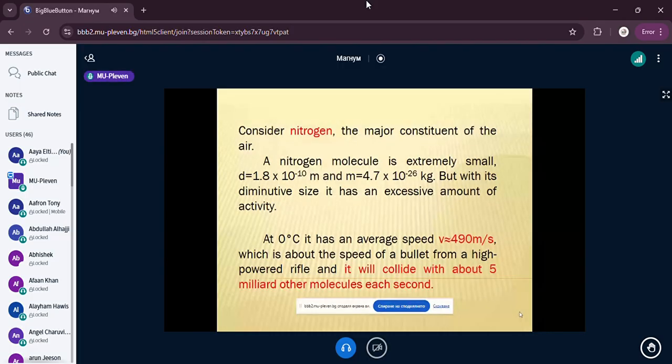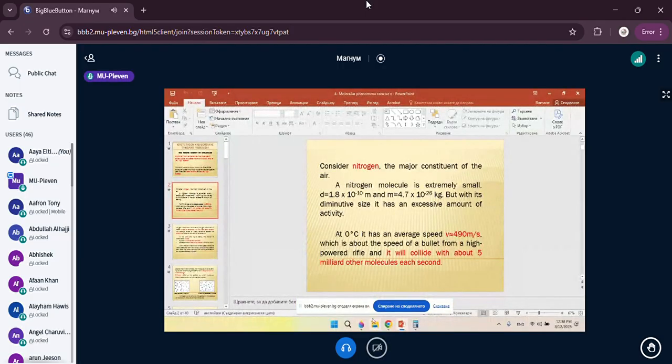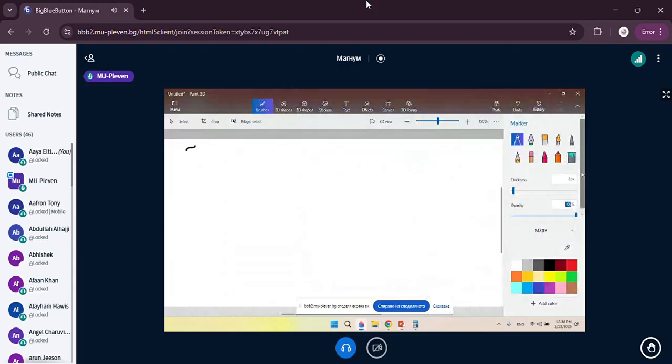Let me switch on the board here, and let me write in what way to express the internal energy of an ideal gas. It depends on temperature. So the mean internal energy is 3/2 kT. There is a constant which is called the Boltzmann constant.